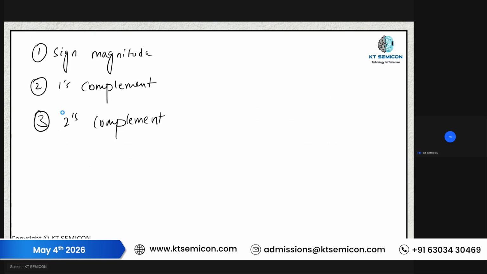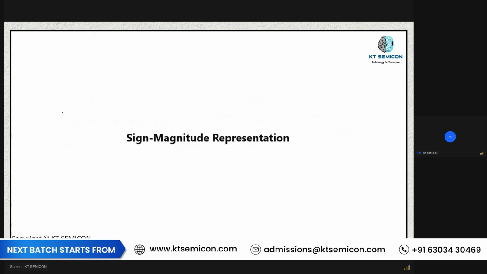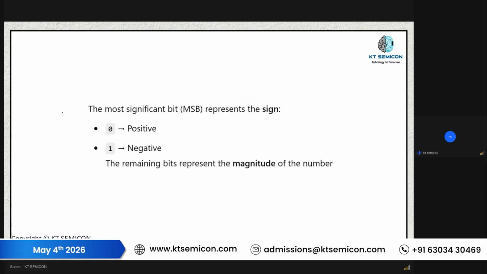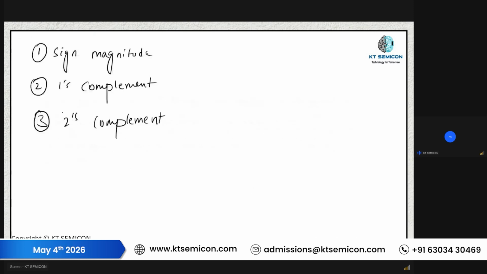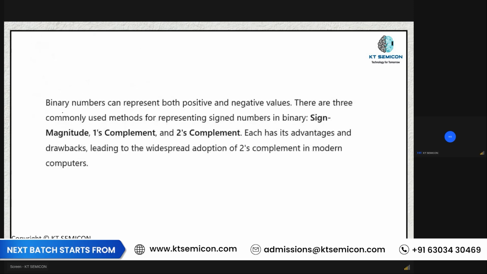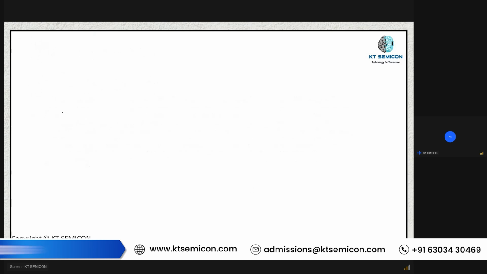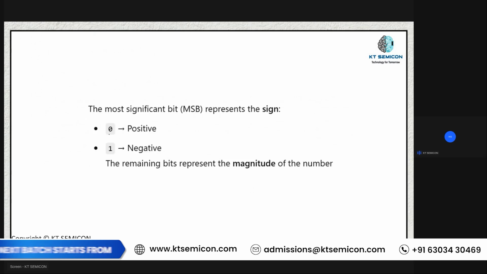What do you mean by this? The very first one is sign magnitude form of representation. In the case of sign magnitude form of representation, we allocate one bit for representing the sign. For positive numbers, we allocate the MSB bit as 0, and for negative numbers, we allocate 1.